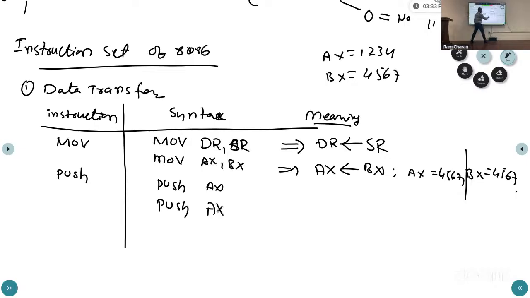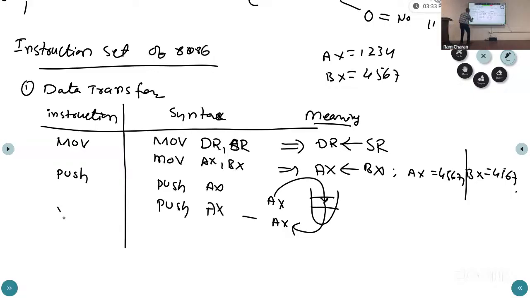This is the stack. The PUSH AX operation pushes the data here. The pop operation means deleting from the stack, and that deleted data is popped to the AX register. That is the push and pop instructions.